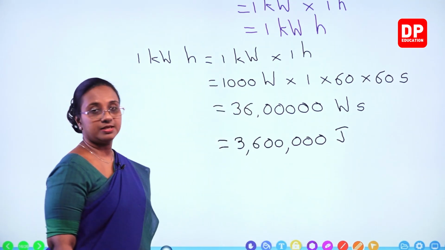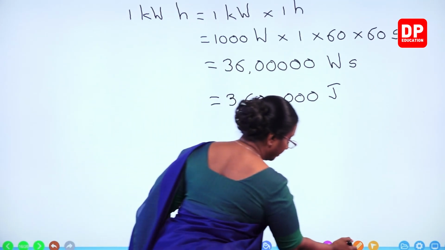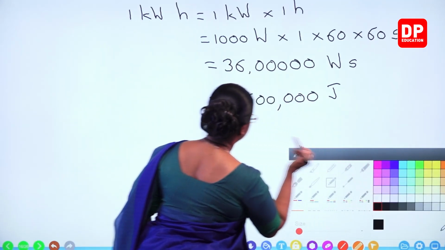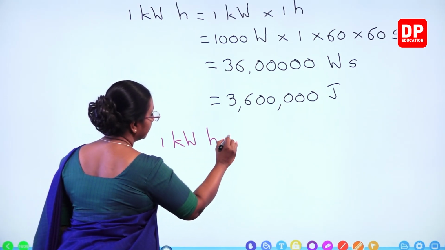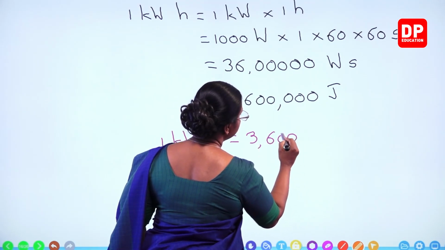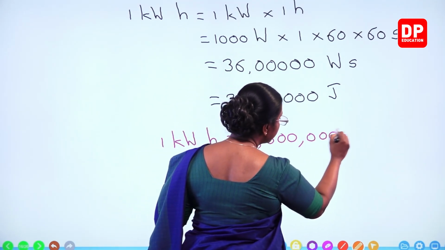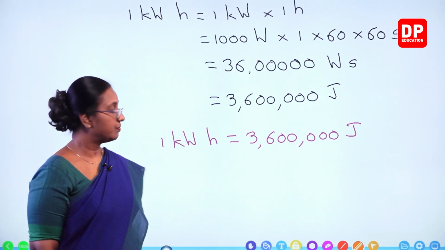So if you look at the equivalent value, 1 kilowatt hour is equal to 3,600,000 joules. So that is a very large value.